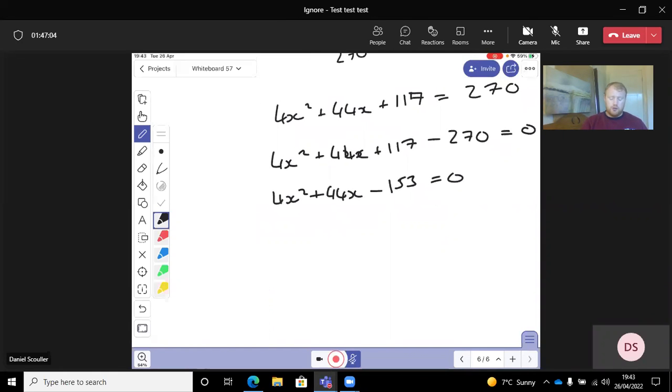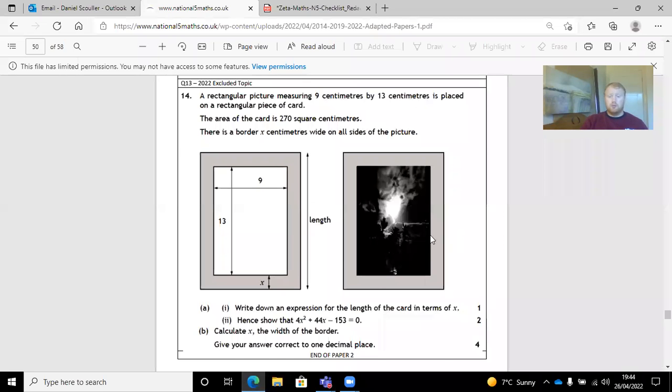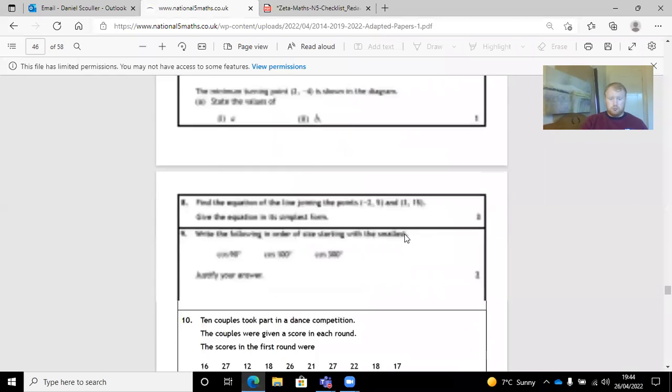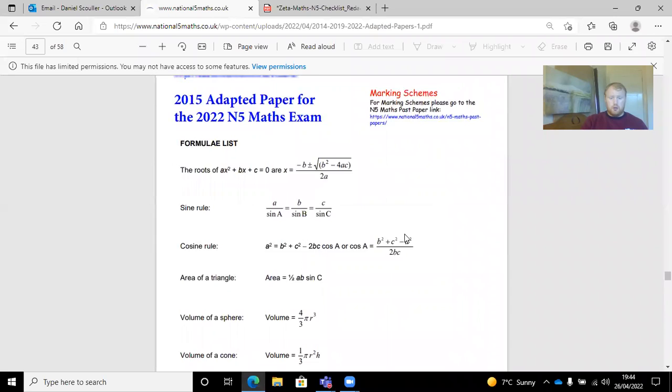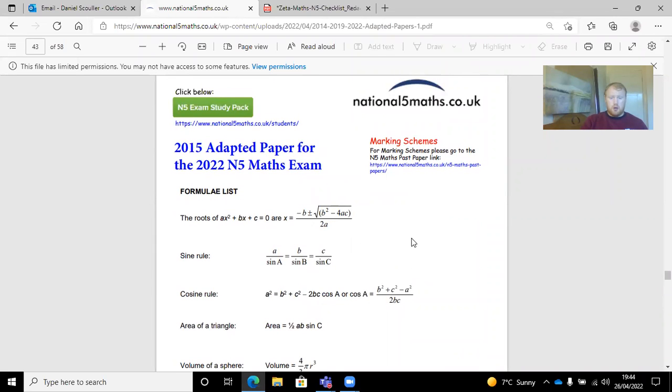Now, to work out the solution for this, we need to factorize it. To factorize this, you're not going to be doing it and just writing it out manually. We use the formula. So what is that formula telling us?